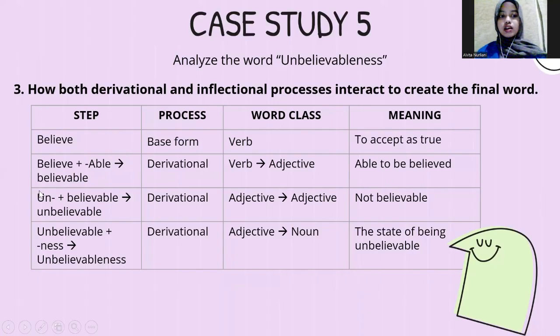And then believable adds the affix un as a derivational process from adjective to adjective. Un has the function to reverse an action and changes the meaning to not believable. And unbelievable adds the affix ness, unbelievableness, as a derivational process that changes the word class from adjective to noun with the meaning of the state of being unbelievable.